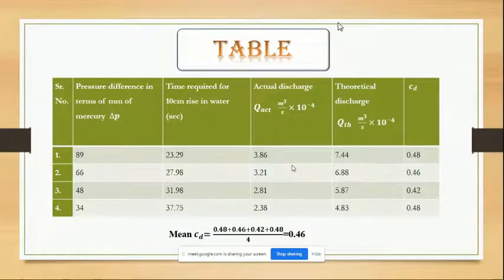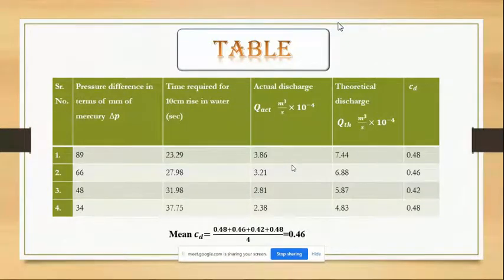In the first column, pressure difference values are noted using the differential manometer. The next column indicates the time needed by water for an increase in height of the tank by 10 centimeters. The third column tells about the actual discharge of water using length into breadth into increase in water level in the tank, divided by time taken.